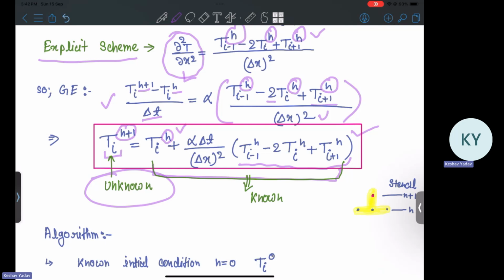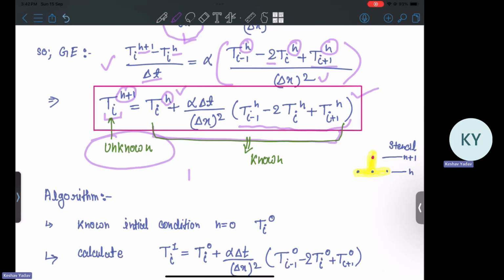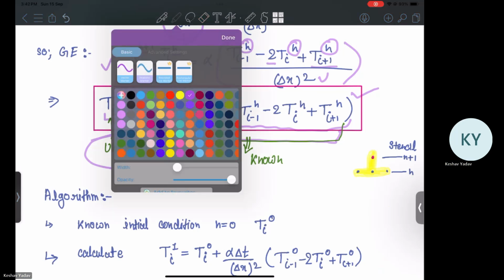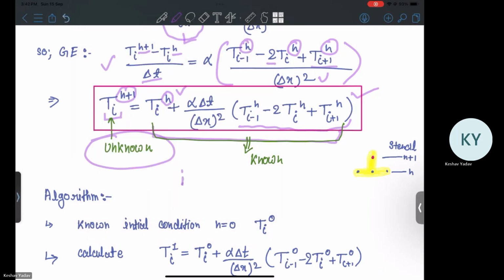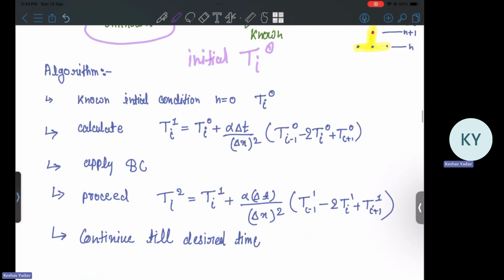So we already know the values at the initial condition. At the initial condition, we already know the temperature. So how will our algorithm go?